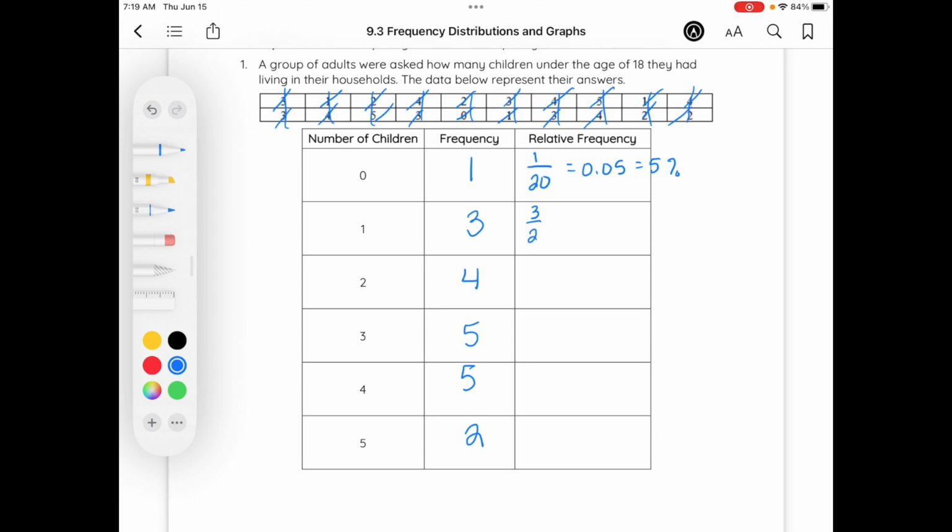Then we'd have 3 out of 20, which is 15%. 4 out of 20, we know is 20%, or 0.20. 5 out of 20 is 25%. We have a second one of those. And then 2 out of 20, which is 10%.